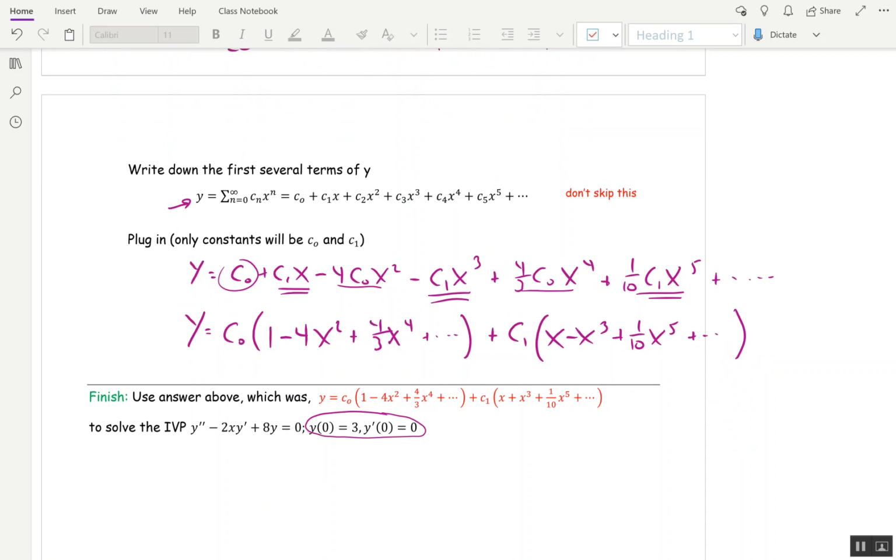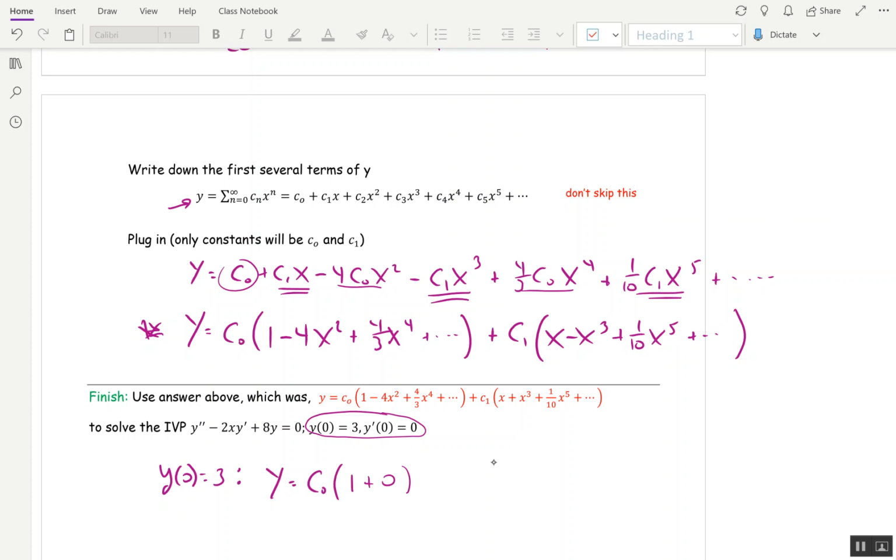So we're going to use our answer. First, let's find C naught. Let's use y of 0 is 3. Okay, so in this formula here, I put 0 in for x. Y equals C naught. And then the only term that lives is a 1 because everything else is 0.